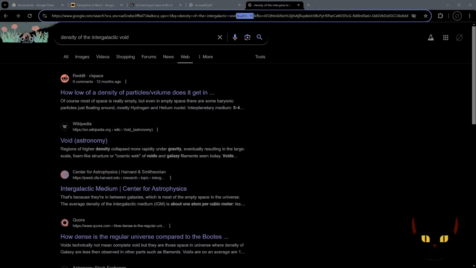So you can tell it to give you the web results instead of all the results. And with this UDM thing, there's also settings for all the other shopping forums, images, whatever.